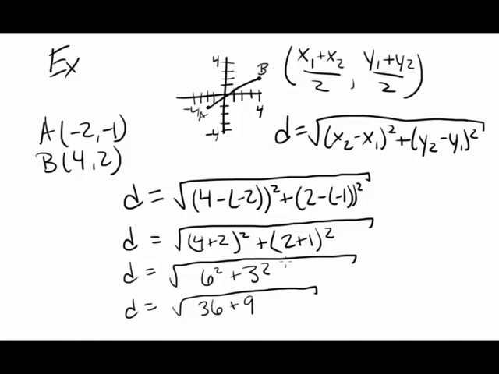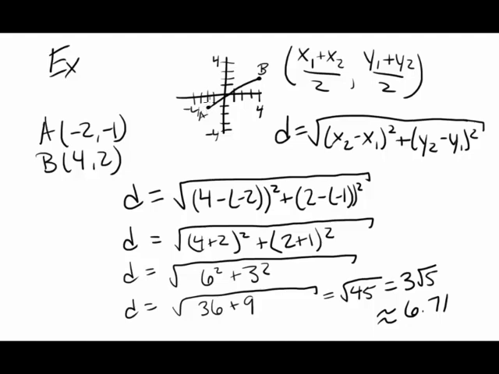Again, we're just taking the squares of 6 and 3. This is going to equal the square root of 45. And even if we want to simplify that, we can get that to 3 square root 5. And this number is just about 6.71.